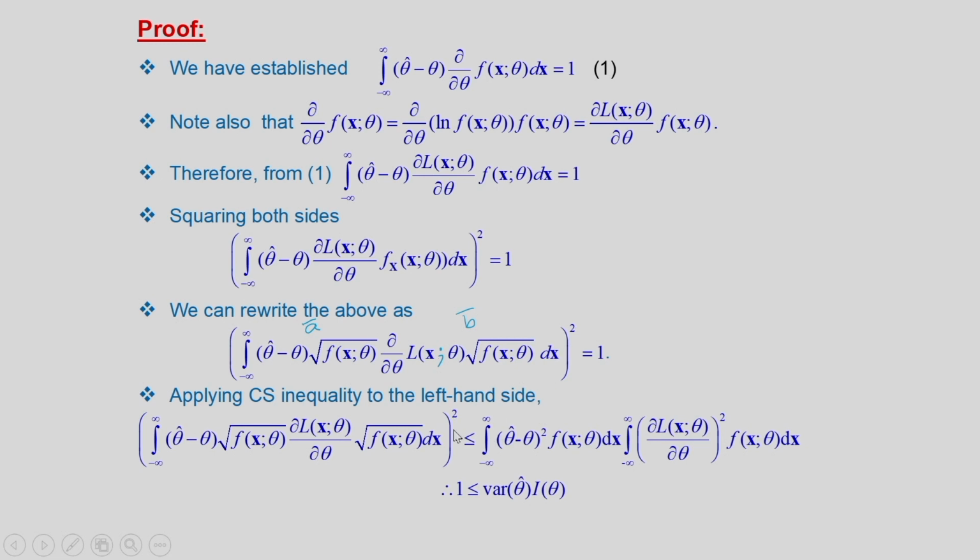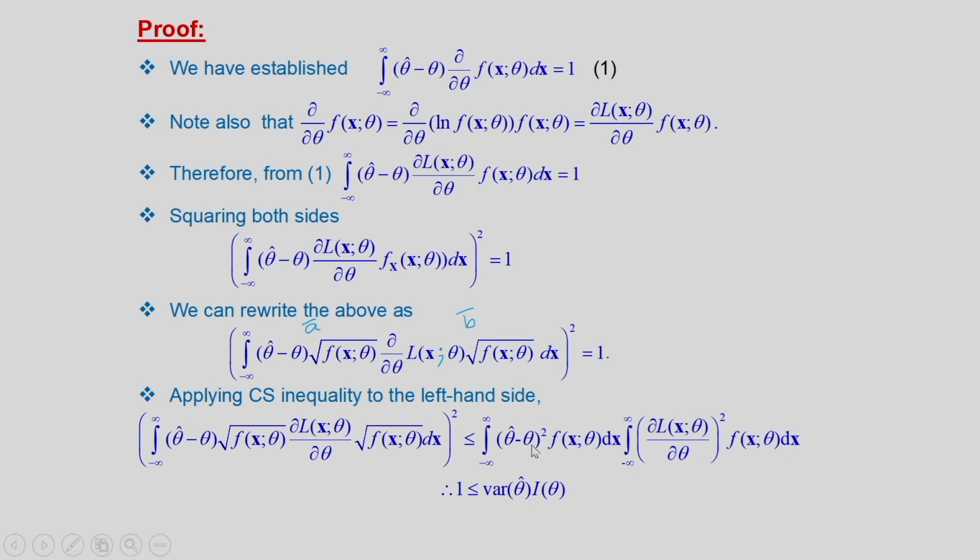So, that way this square must be less than or equal to, if I consider the norm of the individual functions, the integration from minus infinity to infinity of (theta hat minus theta) whole square, and this is the square root of f(x, theta). Therefore, squaring we will get f(x, theta) dx. So, this is the first norm square, and the norm of the second function square will be the integration from minus infinity to infinity of (del L del theta) whole square into f(x, theta) dx.